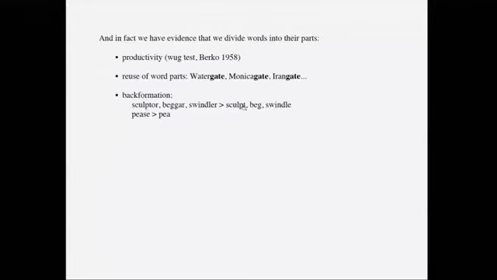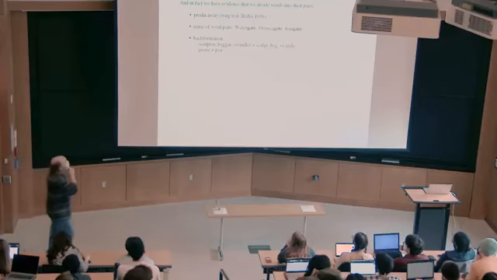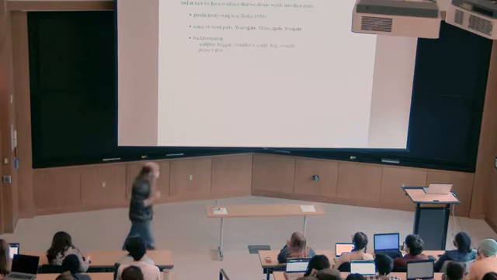We actually have various kinds of evidence. It's not just that it would save space in your lexicon. Various kinds of evidence that human beings do divide words into these parts, that a word like cats is a word with 2 parts, cat and s.